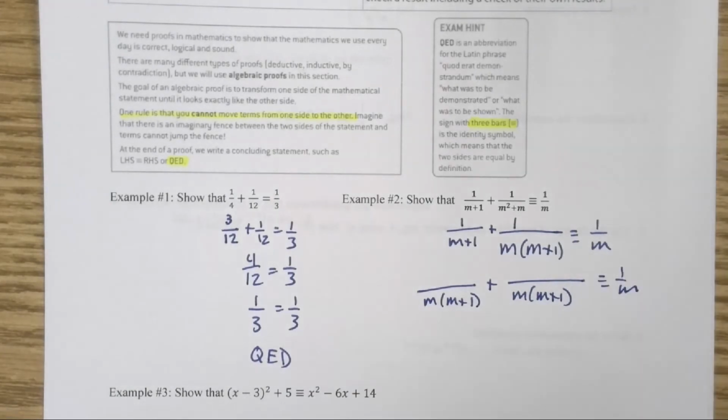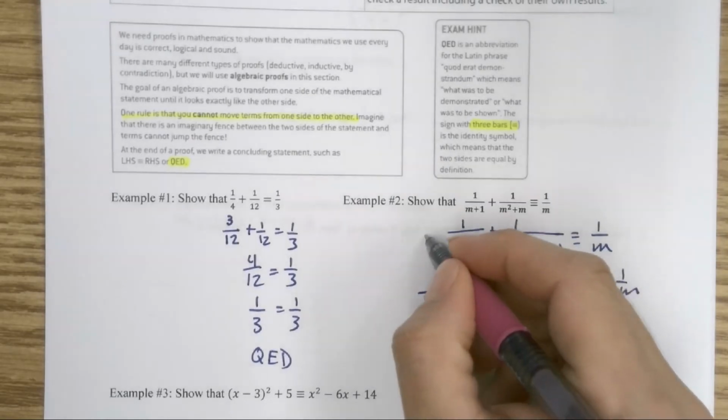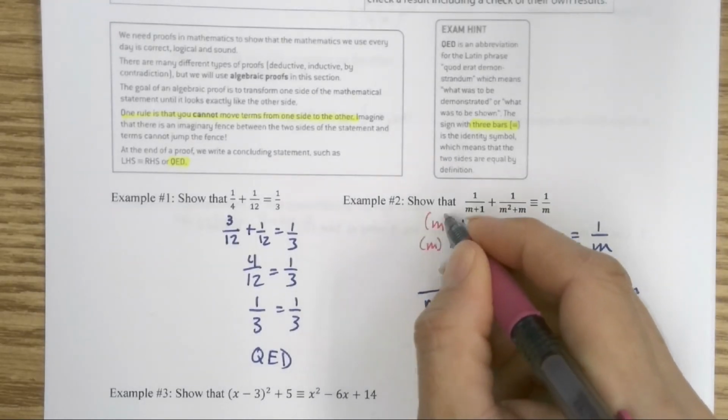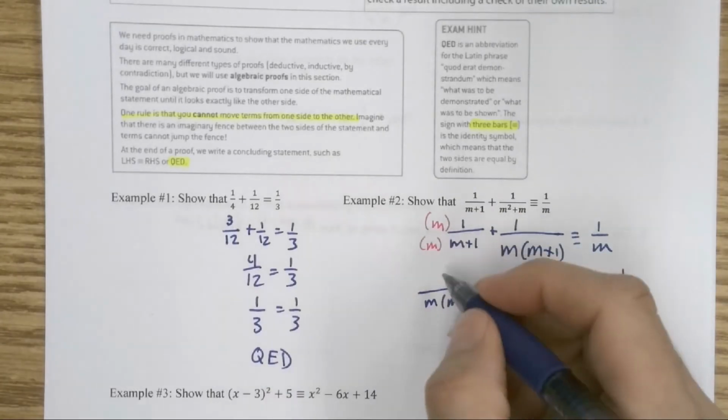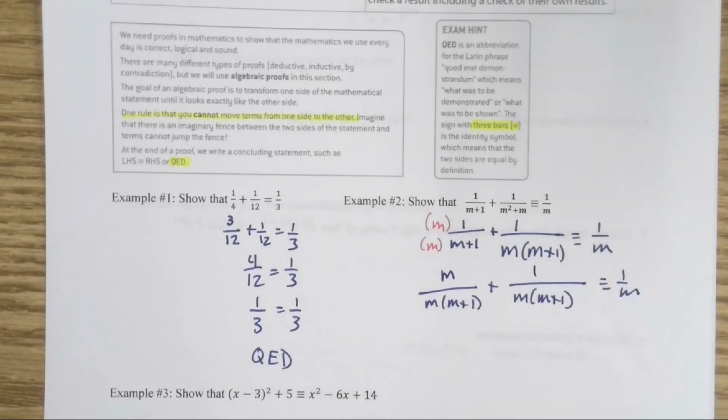And what we're going to do is look for what this denominator is missing to turn it into this new least common denominator. It's missing an m. So I'm going to multiply top and bottom by m, which leaves me with m over m times m plus 1. And this already has that denominator. And now I'm ready to combine these together.